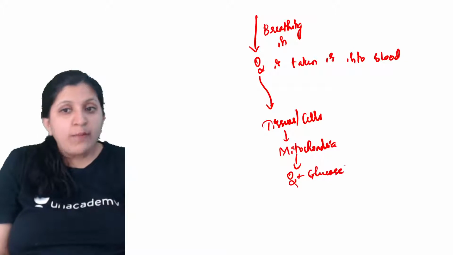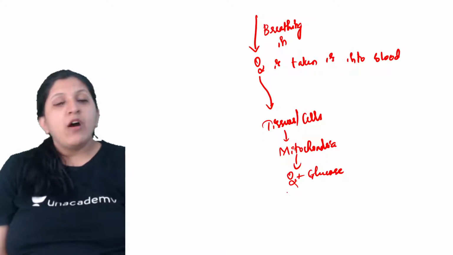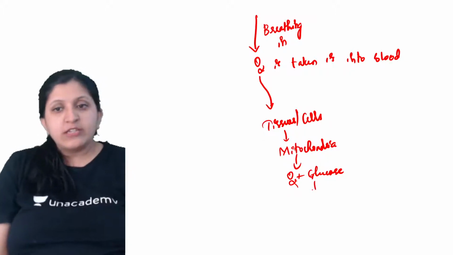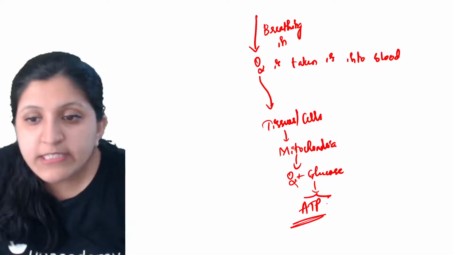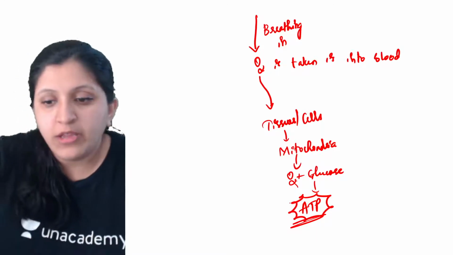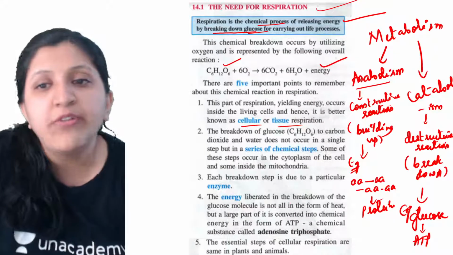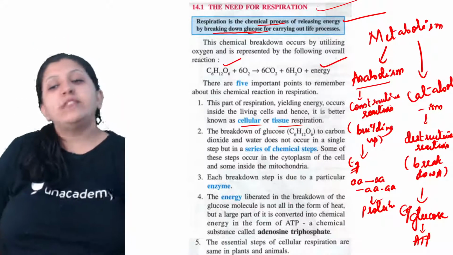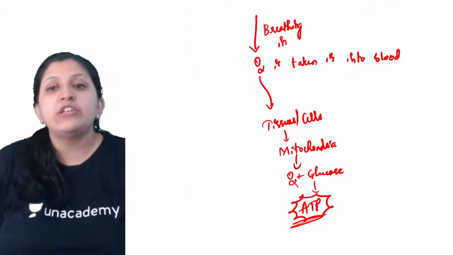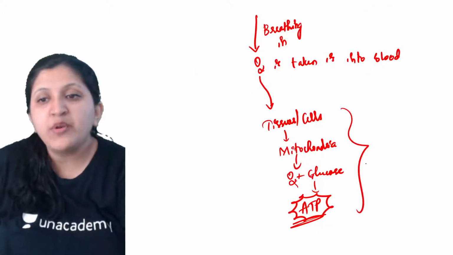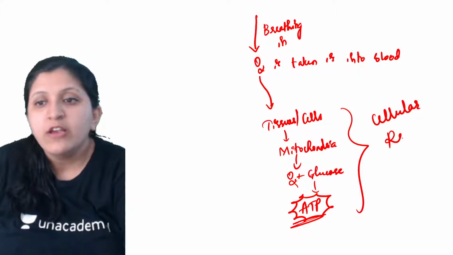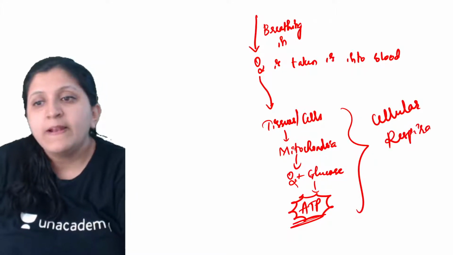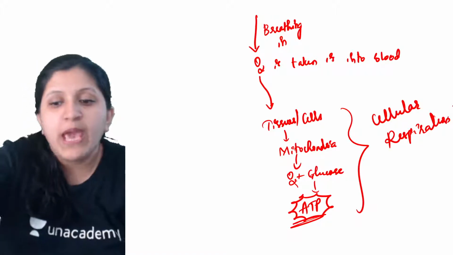When glucose oxidation occurs, it leads to energy synthesis. ATP is generated over here. So this part going to the tissues or cells we call cellular or tissue respiration.